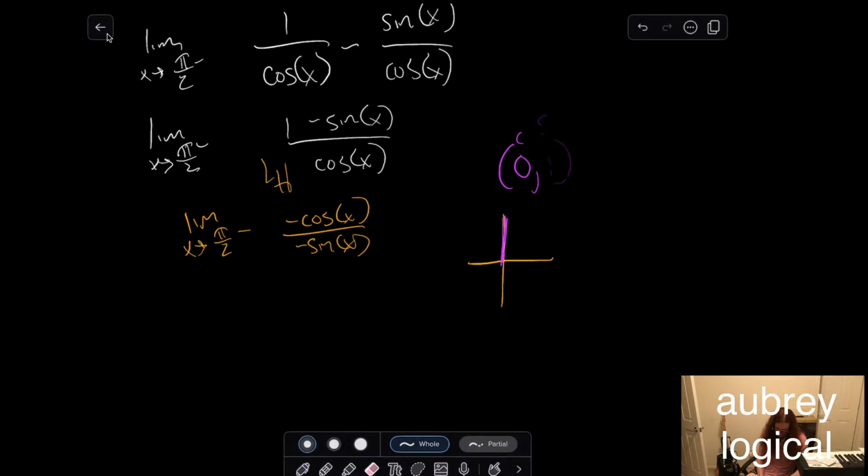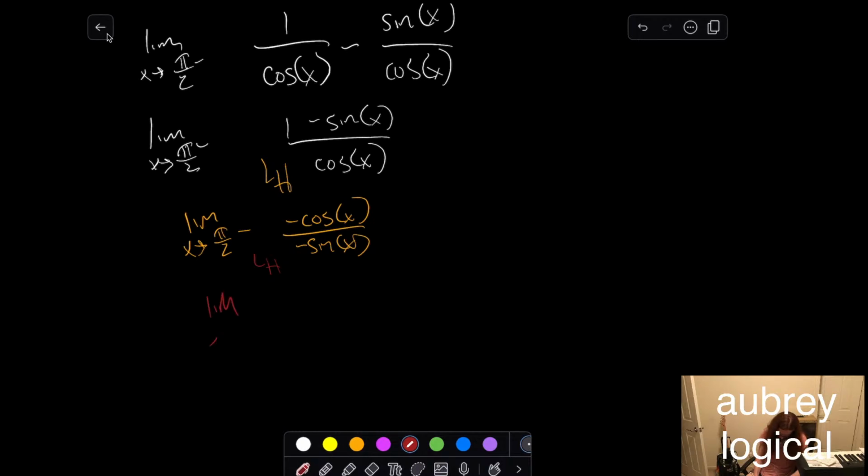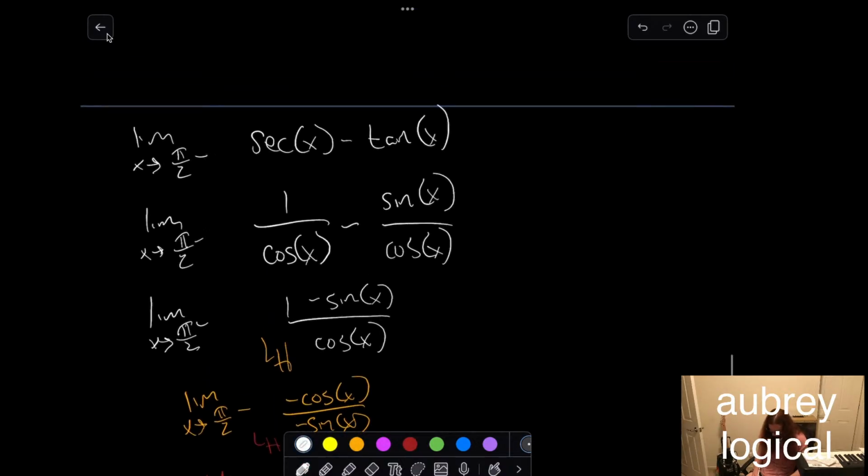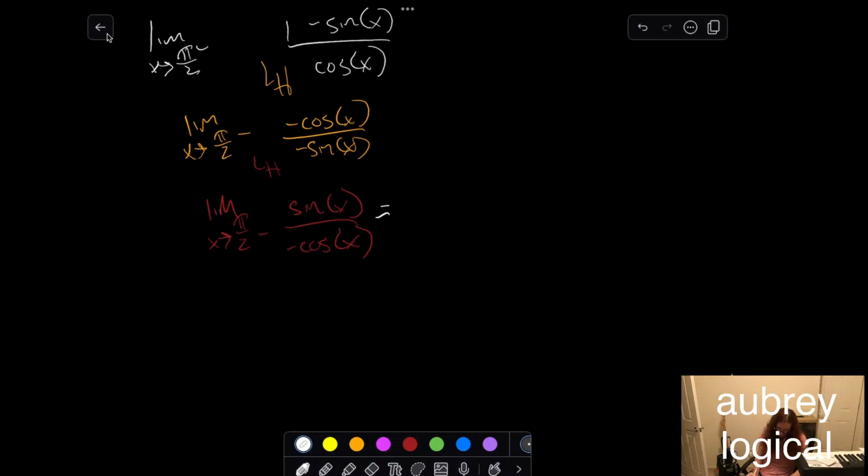So we can do L'Hopital one more time. And then we're going to get positive sine x on top and negative cosine x on bottom. And then if we plug in, oh geez, so sine of x was 1.